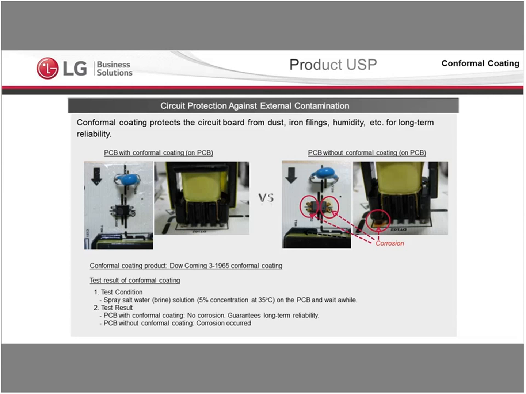Well, the smell of salt air to you smells like fresh springtime, but to the monitor it smells like I'm going to fail because I'm going to get coated with moisture. The conformal coating is a Dow Corning 3-1965 conformal coating. It essentially reduces the amount of moisture to zero that gets through, causing no failure over time.